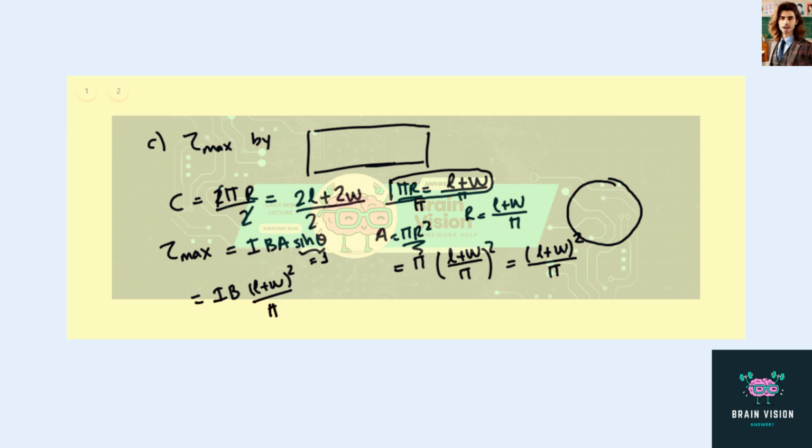Now we're going to plug in for current and the magnitude of the magnetic field, so 6.2 amps times 0.19 Tesla times 8 times 10 to the power negative 2 meters plus 5 times 10 to the power negative 2 meters, squared, over 3.14. When we do this calculation, we're going to find the maximum torque to be 6.34 times 10 to the power of negative 3 Newton meters.